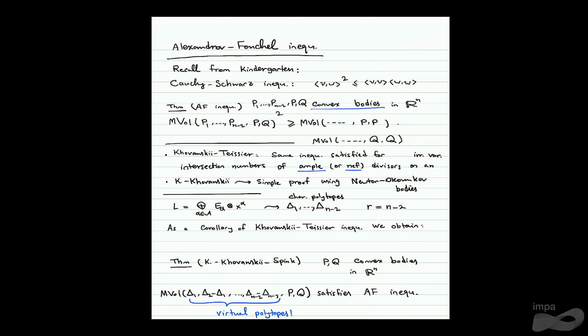And Khovanskii and Teissier independently observed many years ago, and by now it's a classical theorem, that intersection numbers of divisors or hypersurfaces on an irreducible variety satisfy a similar inequality.